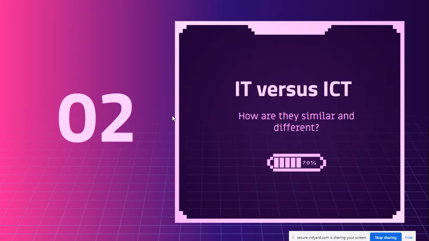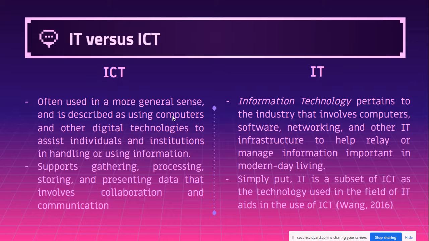So the next topic is IT versus ICT. How are they similar and different? IT and ICT must not be confused with each other because they are two different fields.